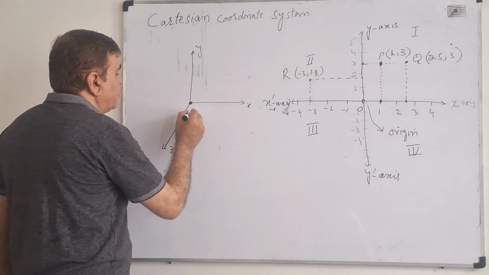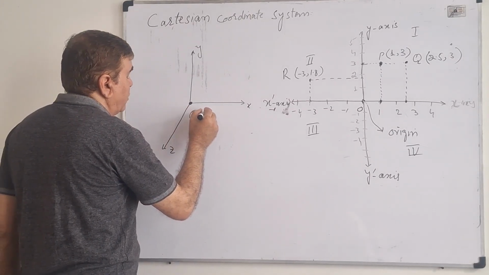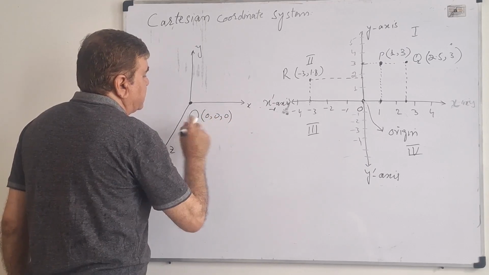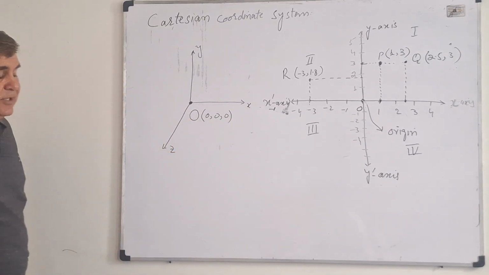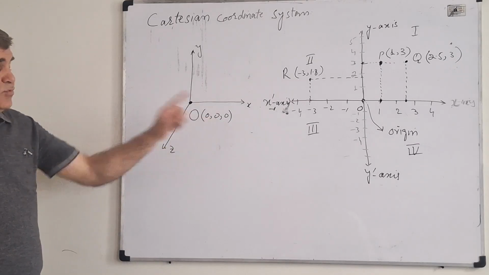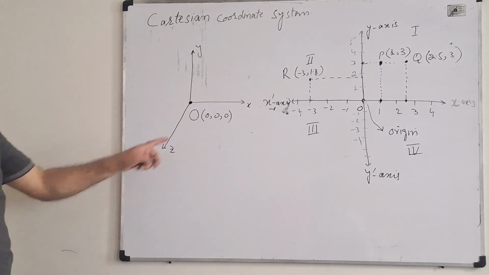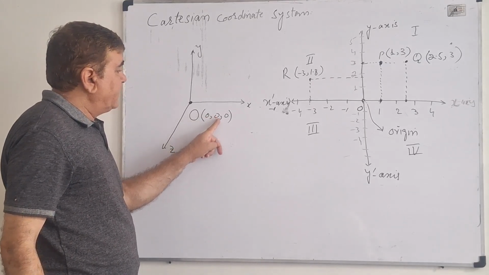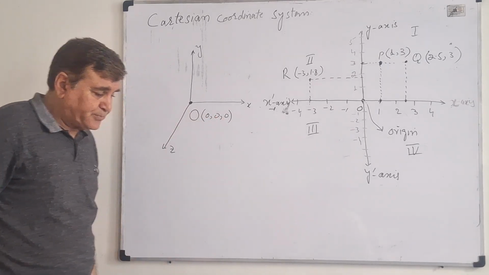That is, the origin, usually represented with O, has the triple of numbers 0, 0, 0, three zeros. That means the x-coordinate is 0, the y-coordinate is 0, and the z-coordinate is 0.